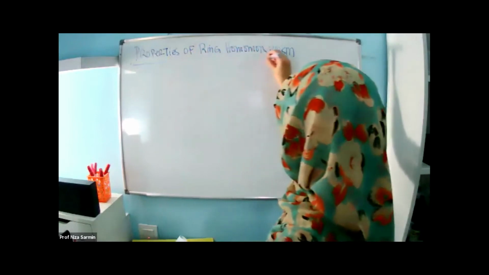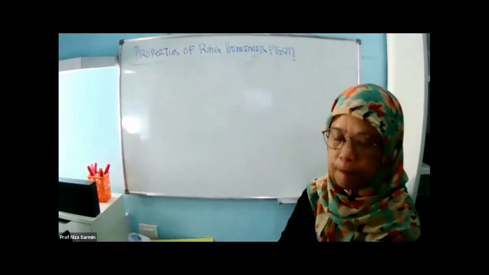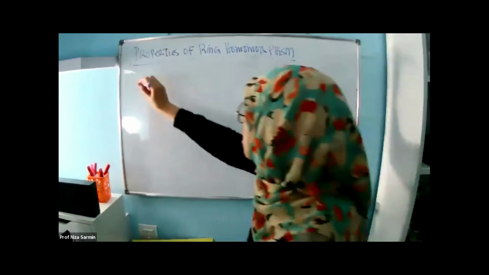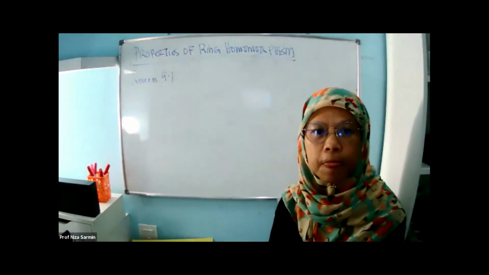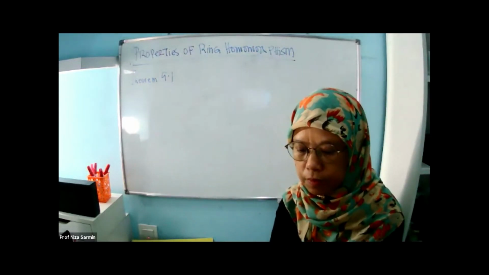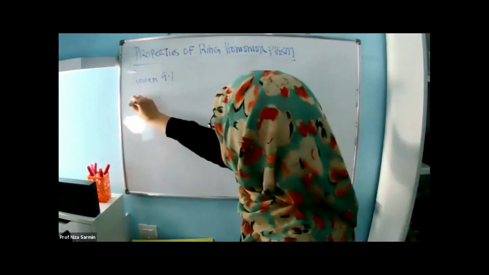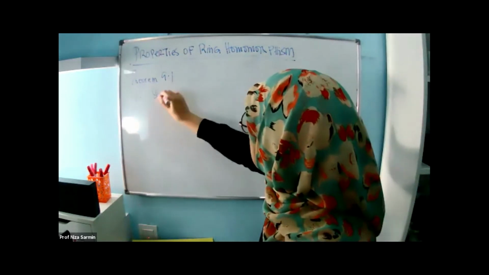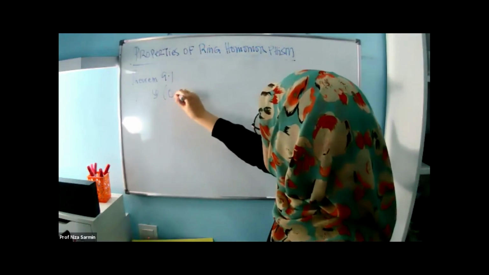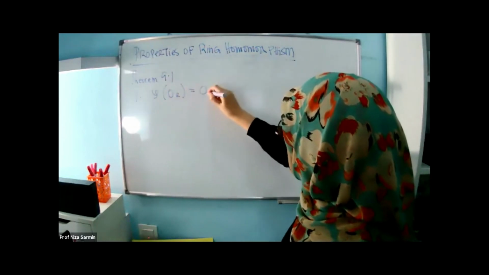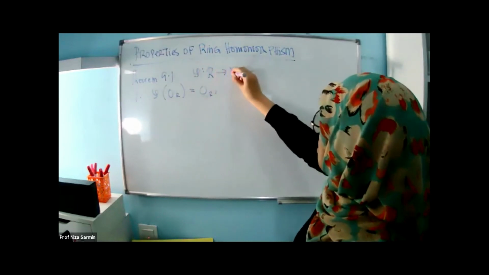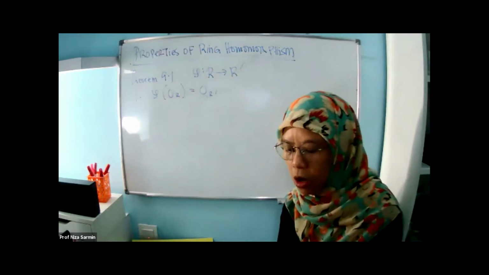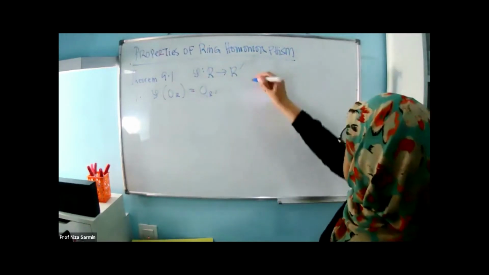Properties of ring homomorphism. I call it Theorem 9.1. Now, phi of 0 in R is 0 in R'.